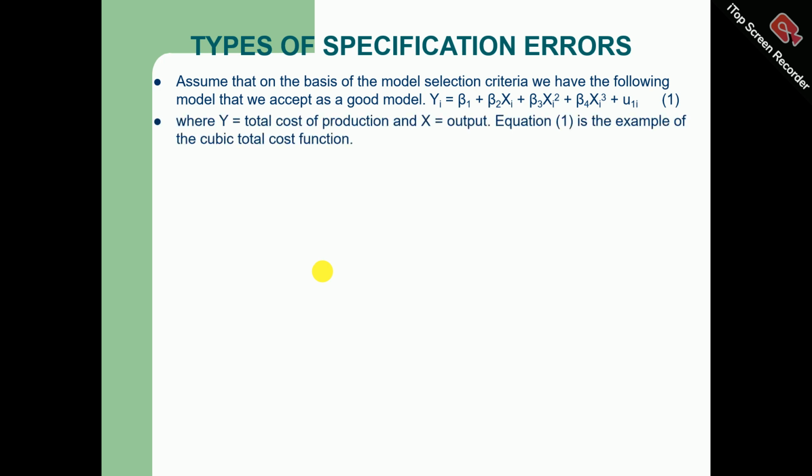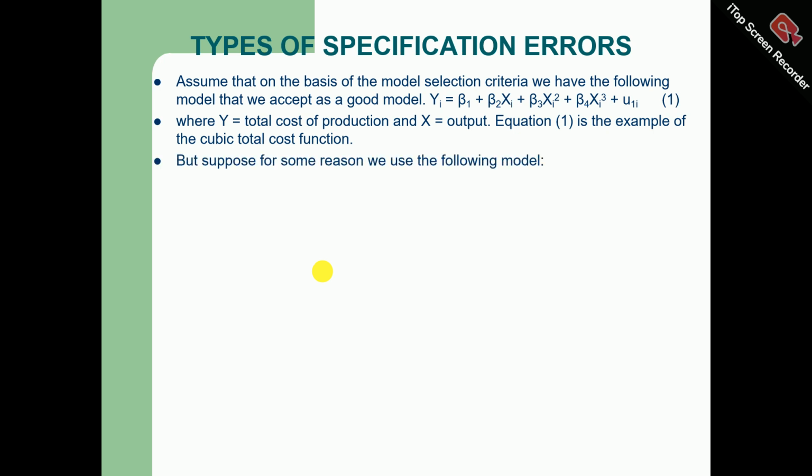In this model, y is the total cost of production, x is output. This equation is an example of a cubic total cost function because the highest power of x_i is 3, that is, x cubed. So this is a cubic total cost function.